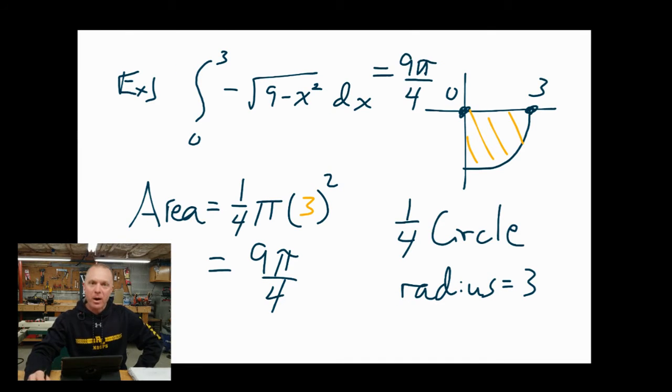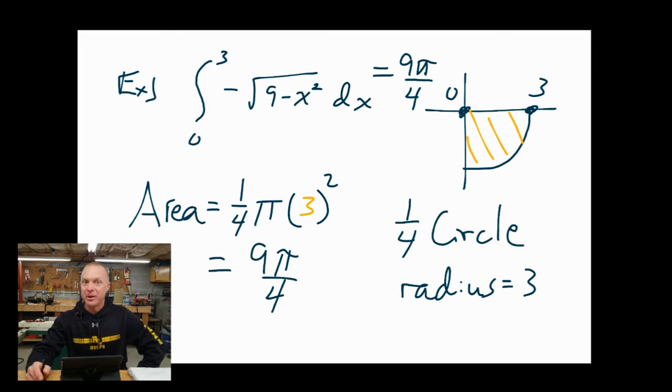Except it's wrong. What? I thought it was a quarter of a circle. We only look from 0 to 3. But yeah, 9 pi over 4 is wrong. Do you know why? Somebody would know. Is it you? Yes, that's correct. It is under the x-axis.